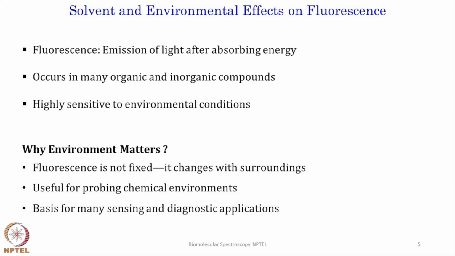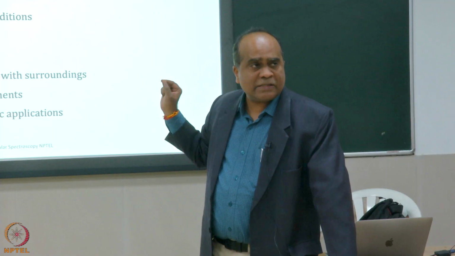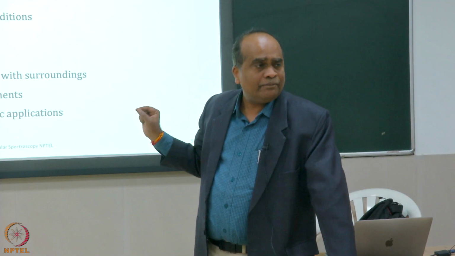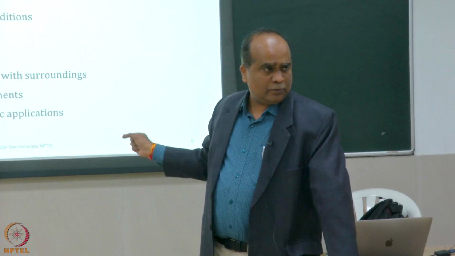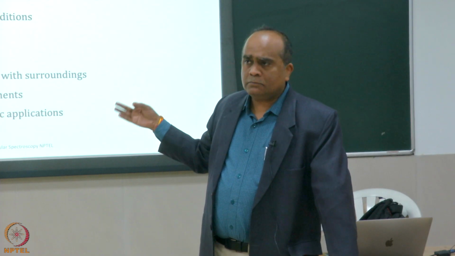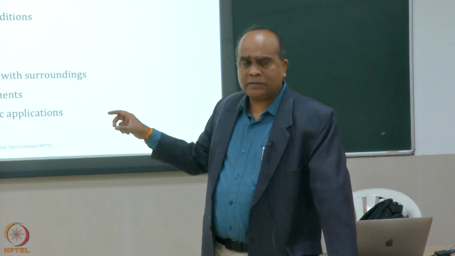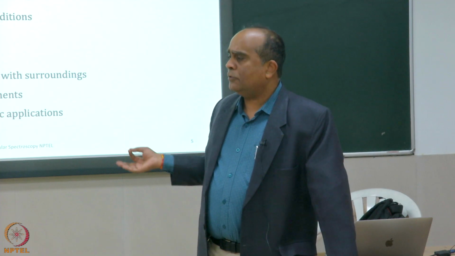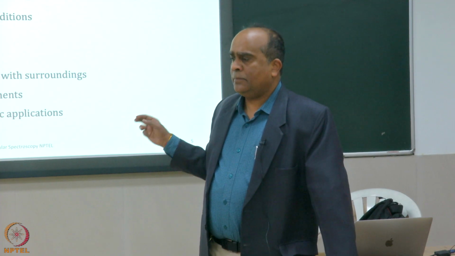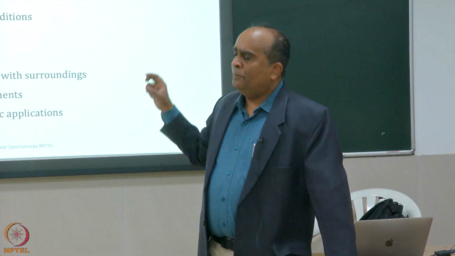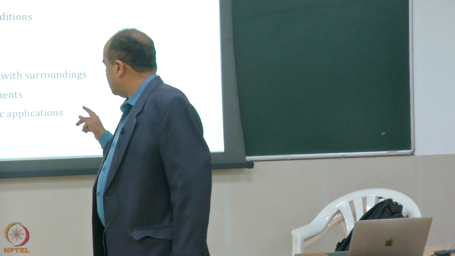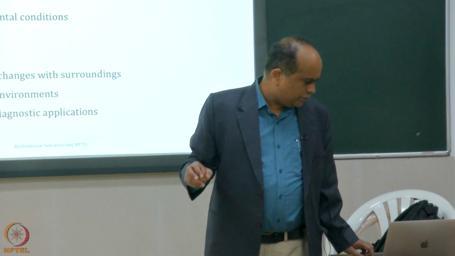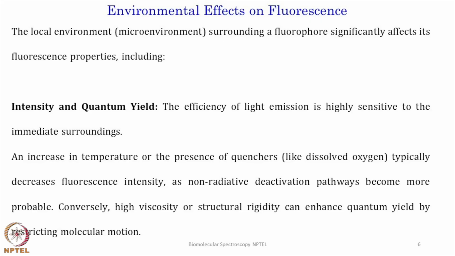And if this is so sensitive to the chemical environment, that means we can use this concept in sensing, like where it is sitting, and in diagnostics. Of course, you can make a probe based on fluorescence for diagnosing anything, and many things are based on fluorescence diagnostics. Some of those probably we can look at as we go forward, right.